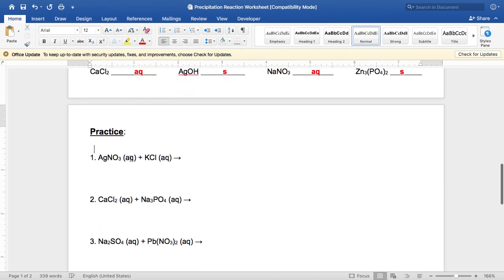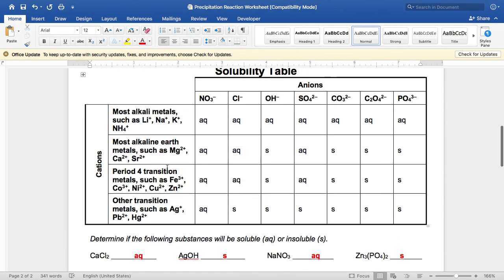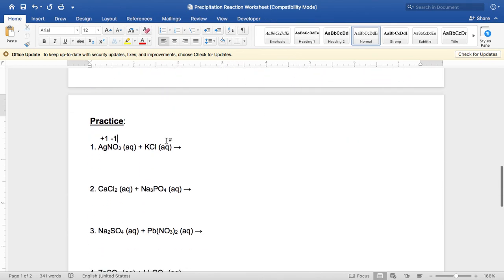So I'm going to write a +1 and a -1 for my charges. And I want to do the same thing for K and Cl. I'm going to go up and find K, it is +1, and my anion chloride, it is -1. So again, I'm going to write a +1 and a -1, just so I know what the charges are.